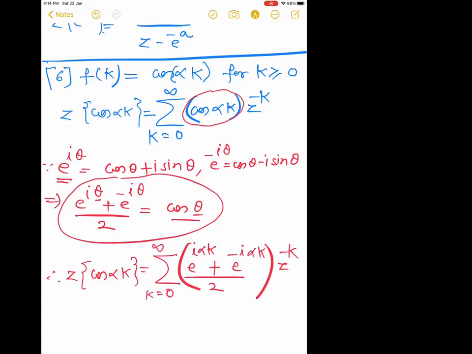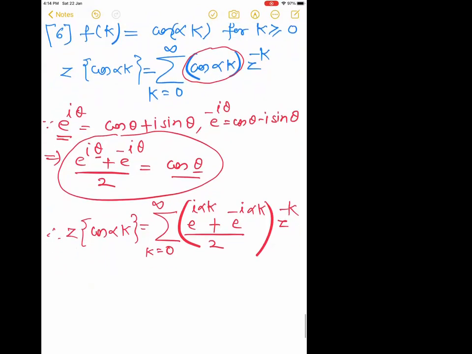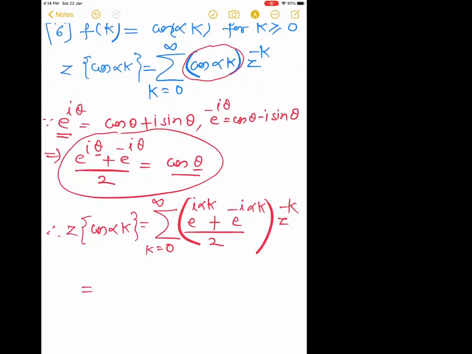So e raised to i alpha k plus e raised to minus i alpha k, into z raised to minus k. Now the next thing is the separation of this summation into two parts. I can take 1/2 common outside the summation sign. The first sum is on e raised to i alpha k, z raised to minus k.